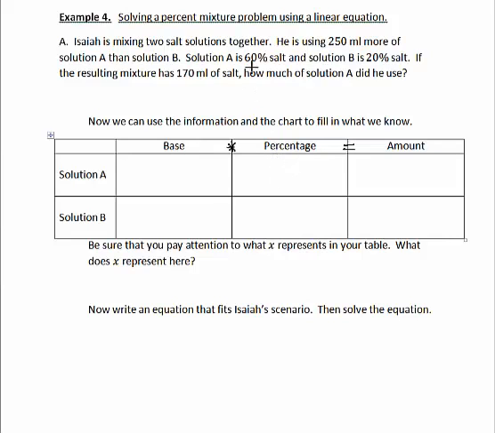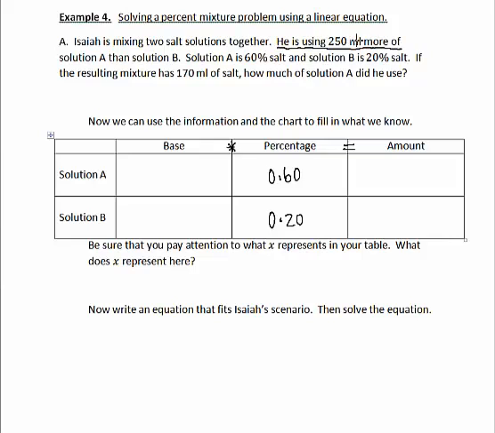We will convert the percentages to the decimal form and then put those numbers in the table. So for solution A, we have 0.60, 60%. In solution B, we have 0.20 for 20%. Now, we go back to this tricky sentence here.